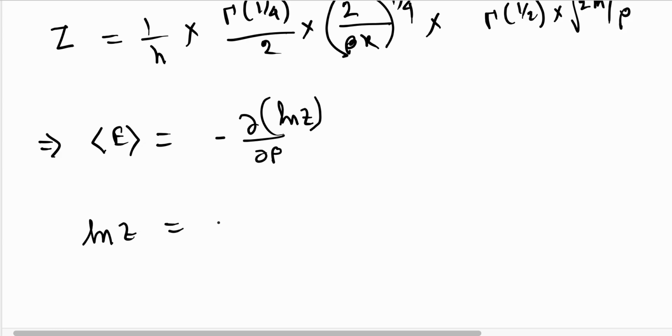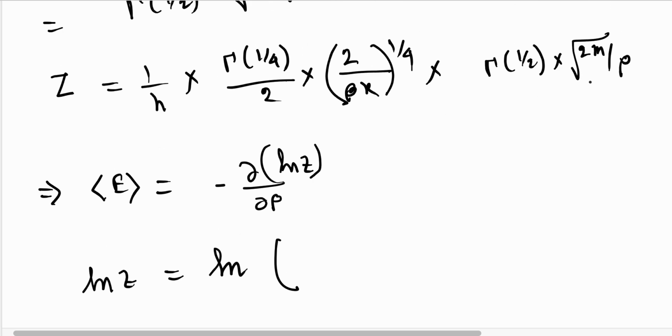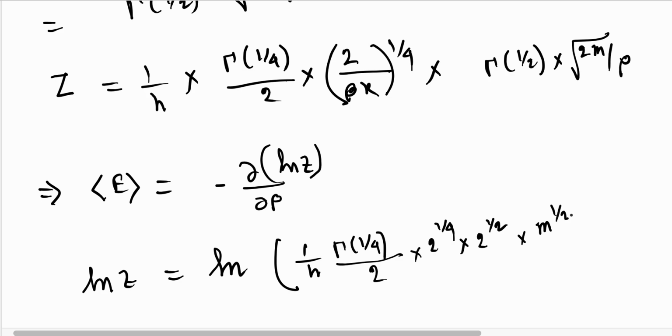Ln z will be ln of all the constants together: 1 by h, gamma 1/4 by 2, 2 to the power 1/4 into 2 to the power half into m to the power half, k to the power 1/4.